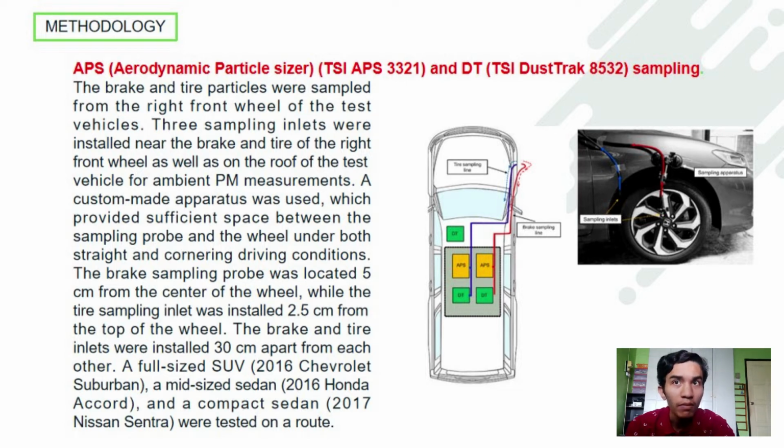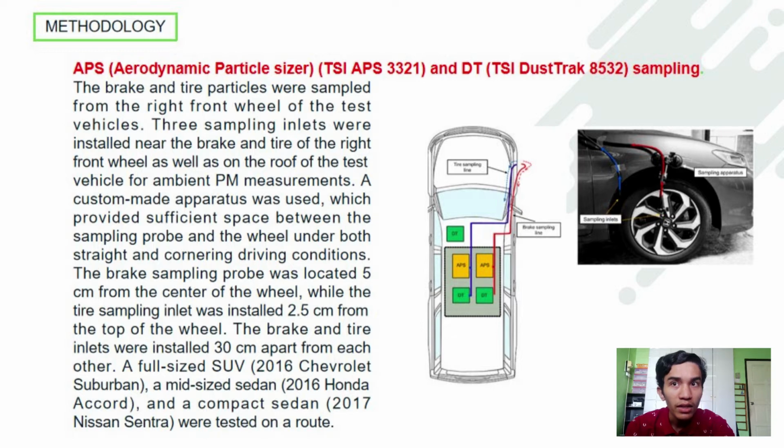A custom-made apparatus was used which provides sufficient space between the sampling probe and the wheel under both straight and cornering driving conditions. The brake sampling probe was located 5 cm from the center of the wheel, while the tire sampling inlet was installed 2.5 cm from the top of the wheel.